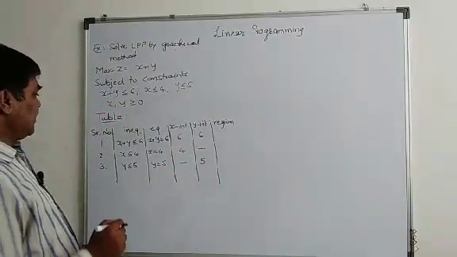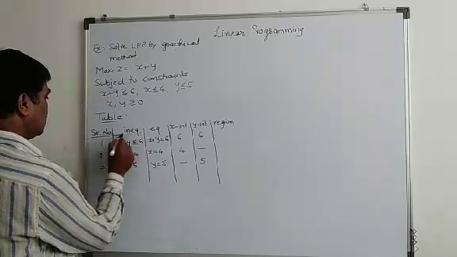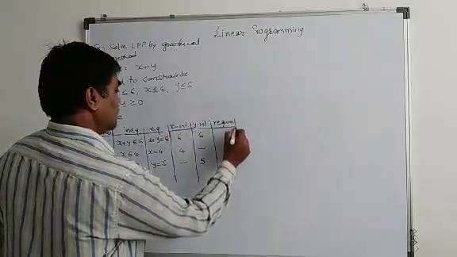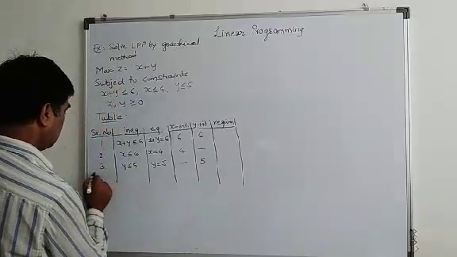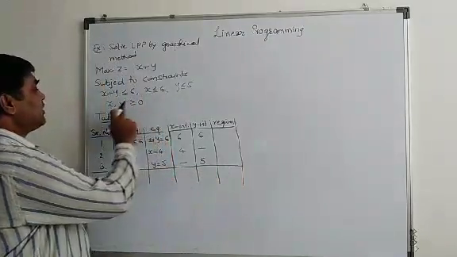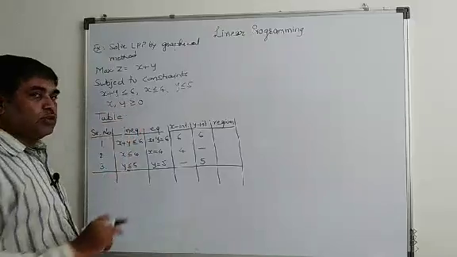So we have these three inequalities. Then the non-negative restrictions, x greater than or equal to 0 and y greater than or equal to 0.